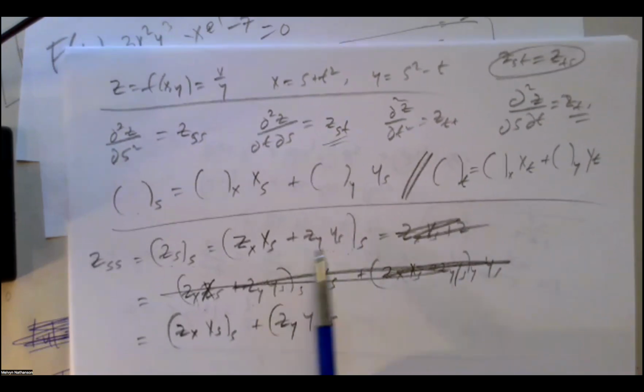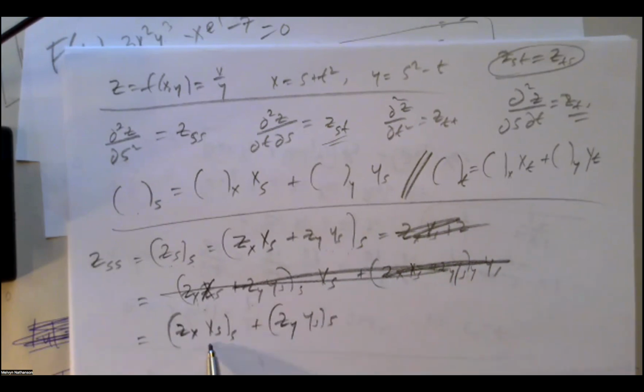That's the derivative of the sum of two functions is the sum of the derivatives. So if I differentiate this, what do I get? I get z sub x s, x sub s, plus z sub x, x sub ss. That's just the product rule. And if I apply the product rule to this, I get z sub y s, y sub s, plus z sub y, y sub ss.